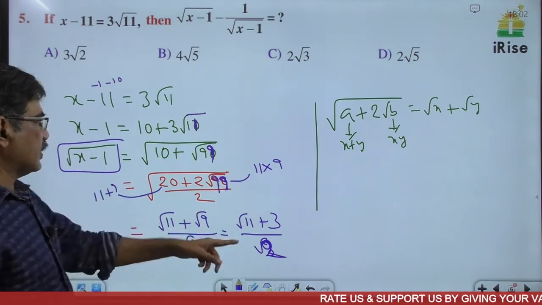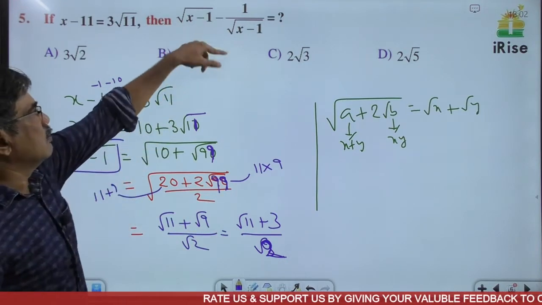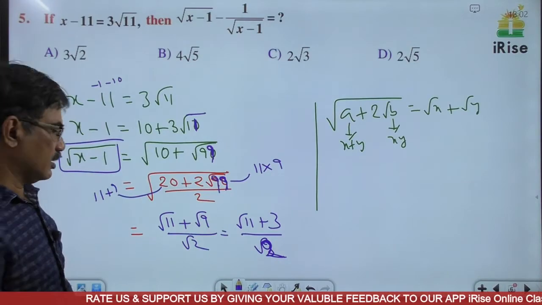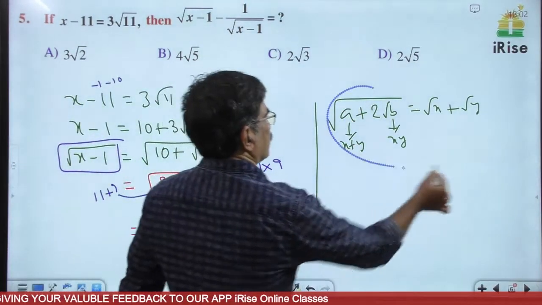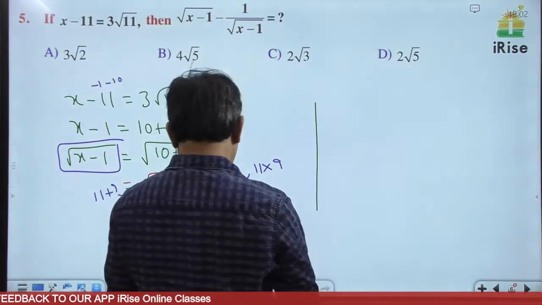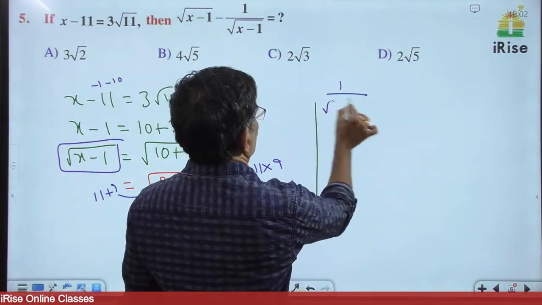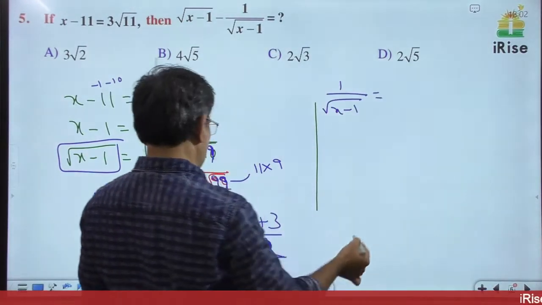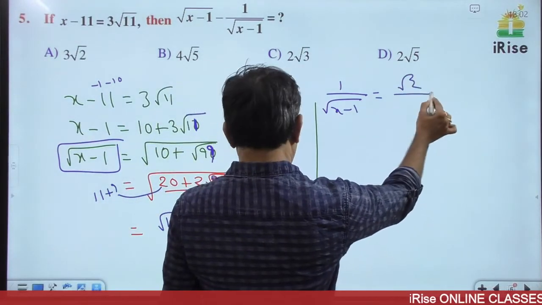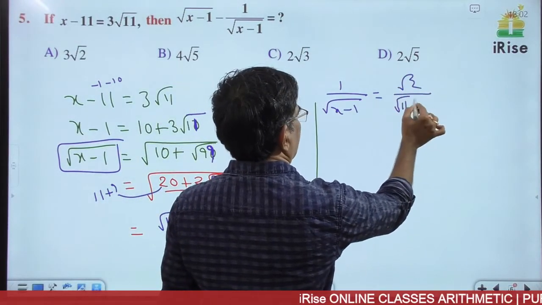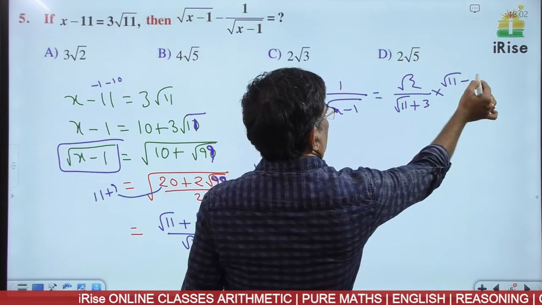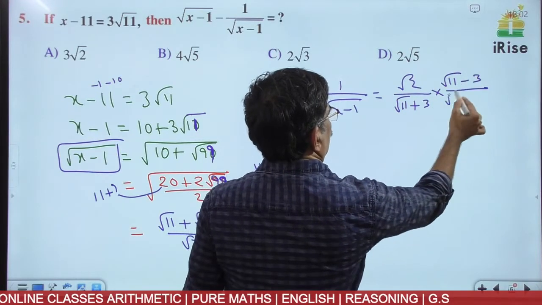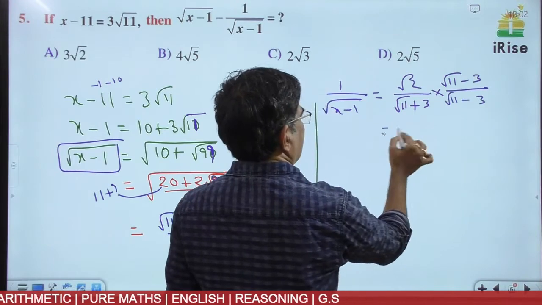After getting root of x minus 1, 1 by root of x minus 1 is the reciprocal. So I want to write it like this. 1 by root of x minus 1 is equal to root 2 by root 11 plus 3. I want to multiply it by root 11 minus 3 by root 11 minus 3, to rationalize.